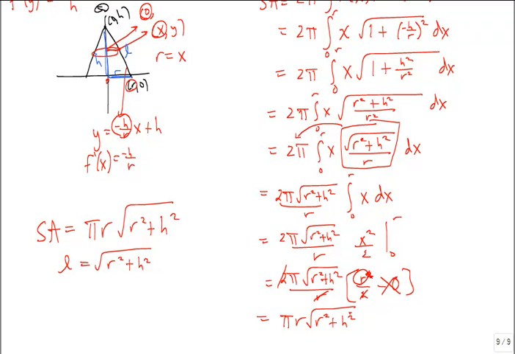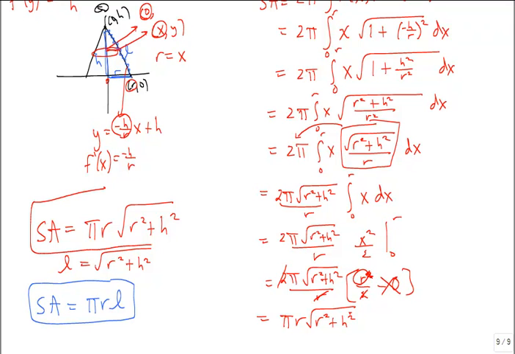So L is the length of this hypotenuse, which is sometimes called the slant height. So sometimes this surface area formula is written as pi r L, where L is that slant distance right there. Okay, so there's the derivation of the surface area formula for a cone.